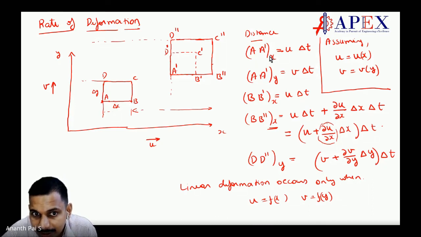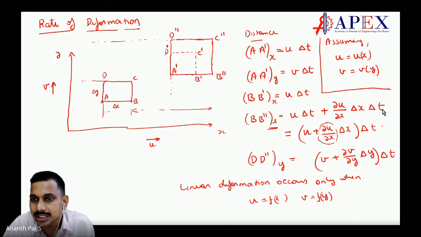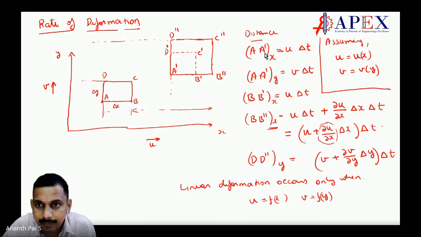Say from A to B it was delta X. What is A dash to B dash, or A dash to B double dash? It would be U delta T plus dou U by dou X into delta X into delta T. A dash would be U into delta T, and that cancels with B dash.